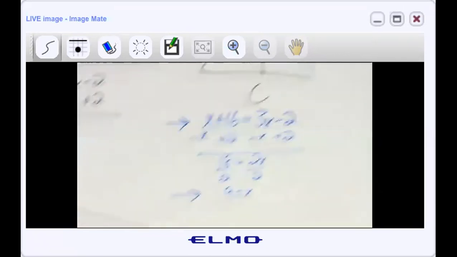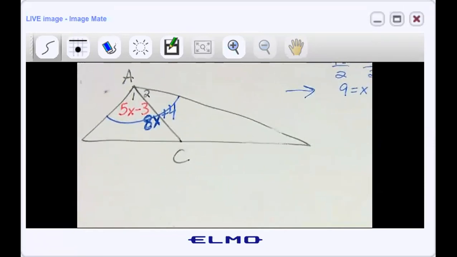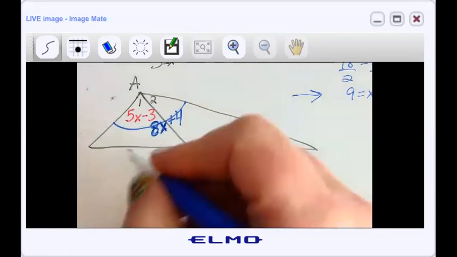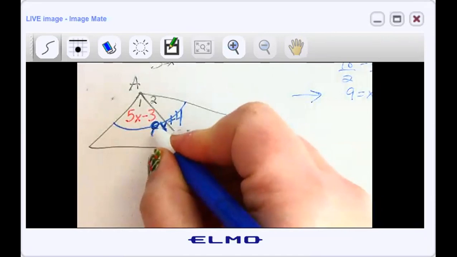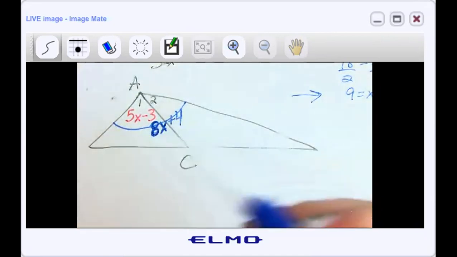All right, take a look at this picture. I still want you to solve for x, but this time, this is what I'm giving you. That's an 8x plus 4. So if you'll notice, the whole angle here, I'll add some letters.